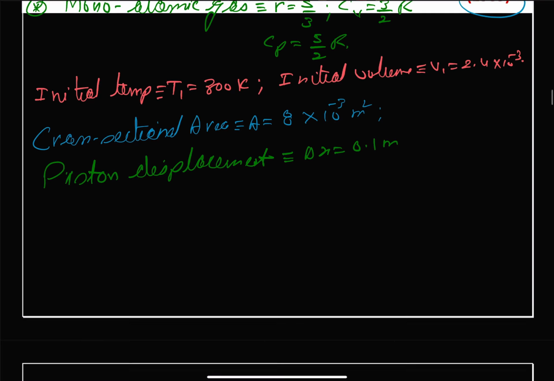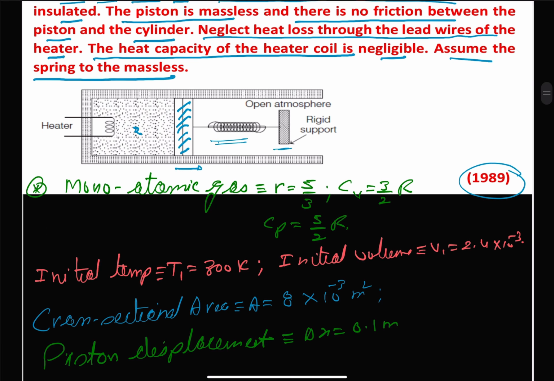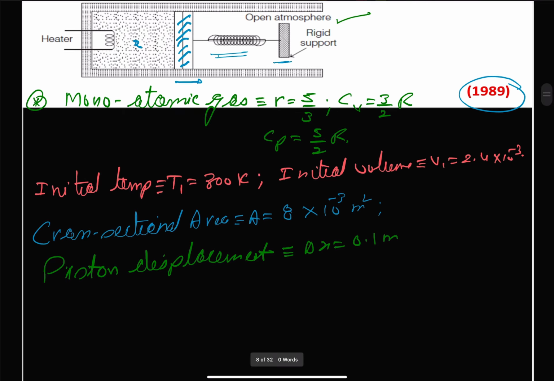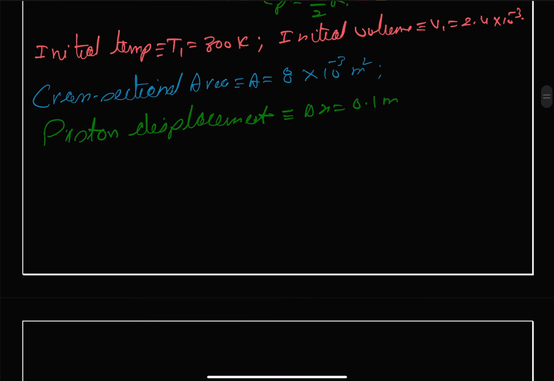And here the other end of the spring is in the open atmosphere, so there will be atmospheric pressure, that is 1 into 10 to the power 5 Newton per meter square.